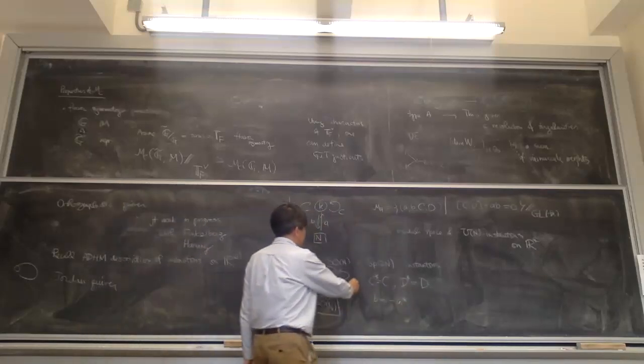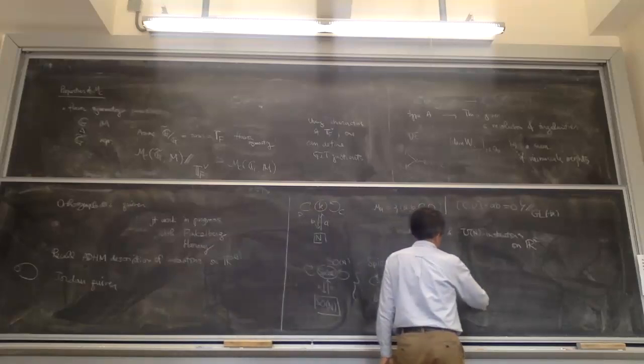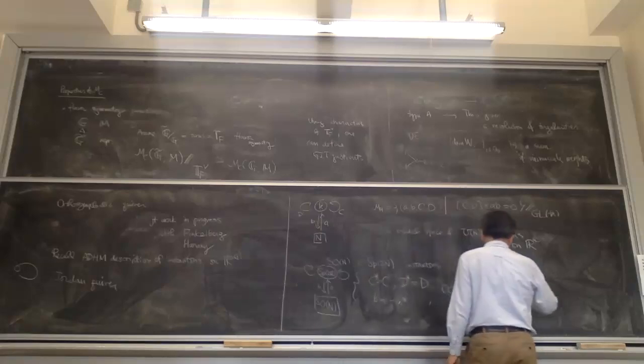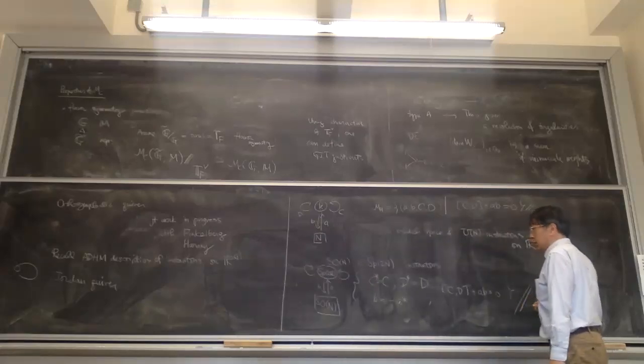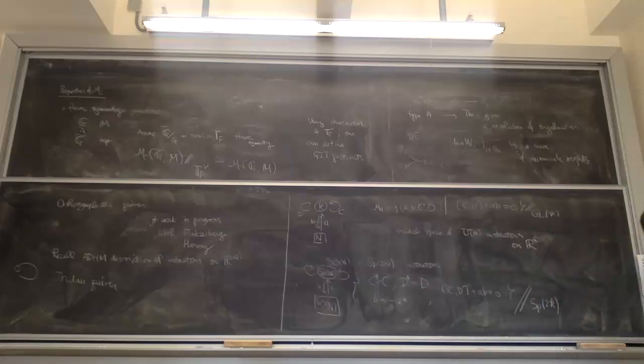Same equation as before, and then take the symplectic reduction by Sp(2k).